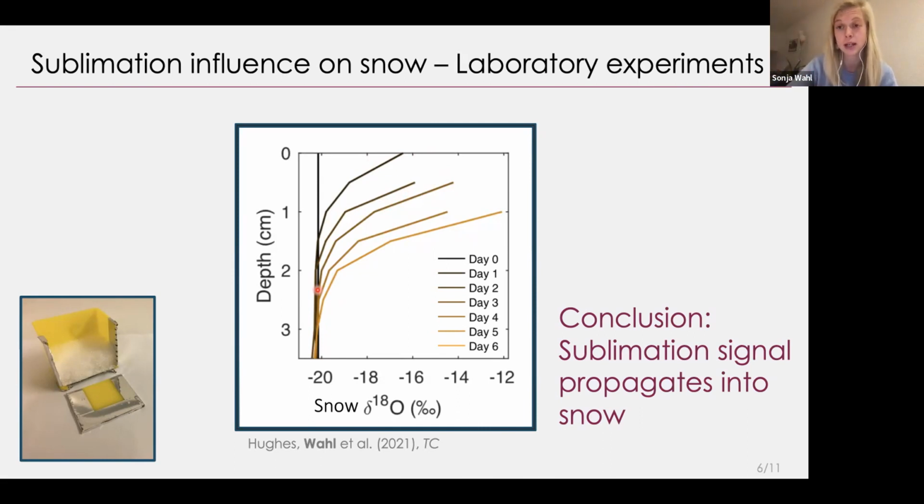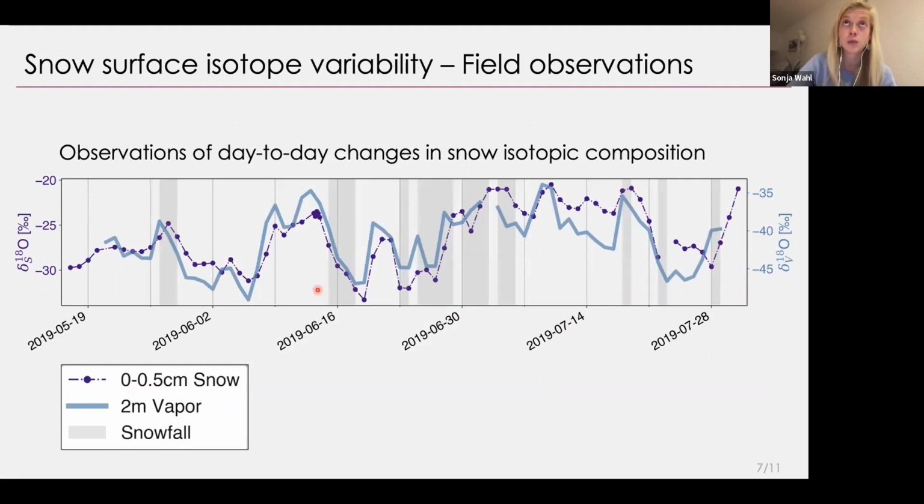So we went back to the Greenland ice sheet and took snow samples, a lot of snow samples. So here, basically, we took 10 snow samples per day and analyzed them as one sample. And this is one of these purple dots. So 10 samples per day to get rid of the spatial heterogeneity, basically. And you see that throughout this summer period in 2019, between May and August, there's quite a lot of variability in this snow surface isotopic composition.